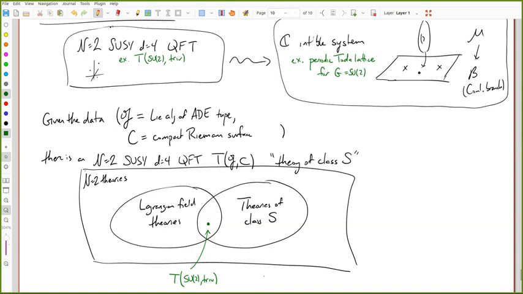Well, if it's in class S, then it should also, maybe I should, why am I making it overly confusing by using the same letter for both things? Let's call the theory of class S, S of G, C. So the Lagrangian theory associated with the gauge group SU2 is also one of these theories of class S, where I take the Lie algebra to be A1, and now I take the surface to be CP1, but with, and now here's the secret that I didn't tell you before, we sometimes consider a surface with punctures and some additional data at the punctures.